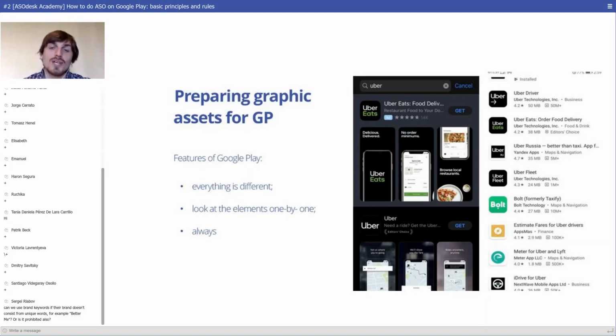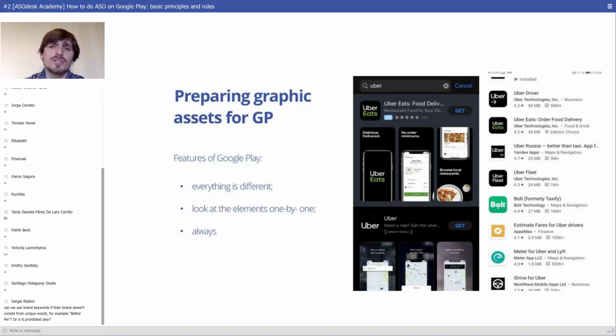I just want to draw your attention: always look at the preparation of graphic assets for the Android app and the iOS app differently. Never prepare graphics thinking this would be nice for Google Play and then adapt it for the App Store.